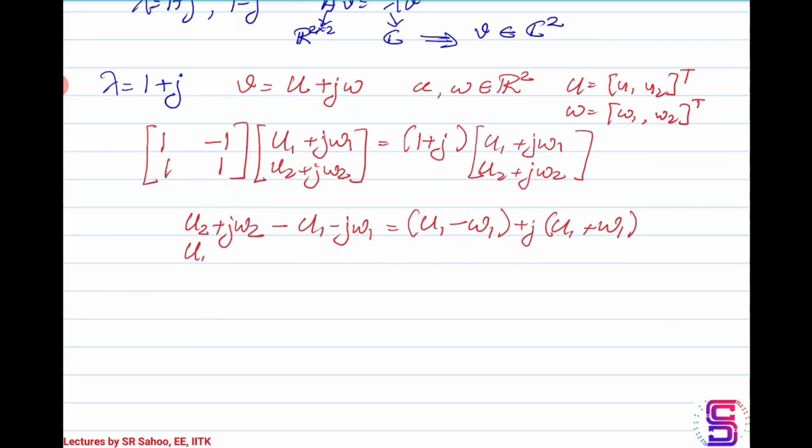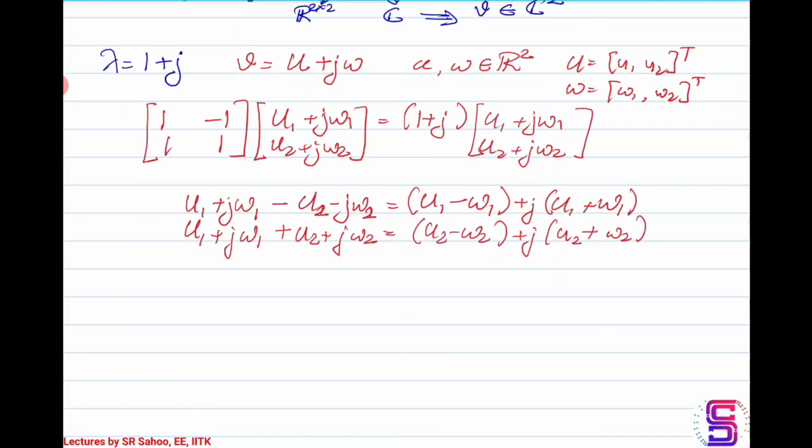Similarly, you have u1 plus w1. Next equation that you get is u1 plus jw1 minus u2 minus jw2, sorry, I made a mistake here. And u1 plus jw1 plus u2 plus jw2 is equal to u2 minus w2 plus j times u2 plus w2.